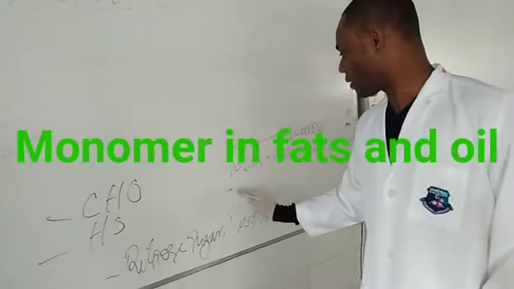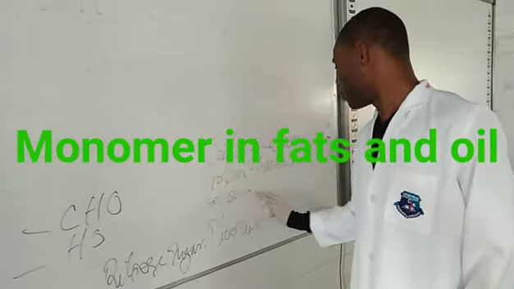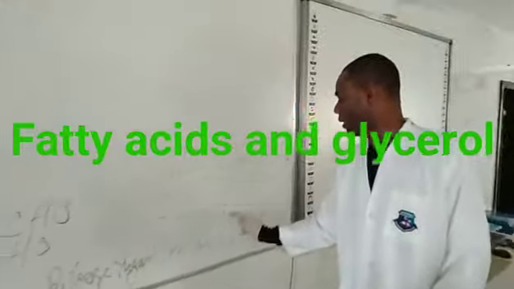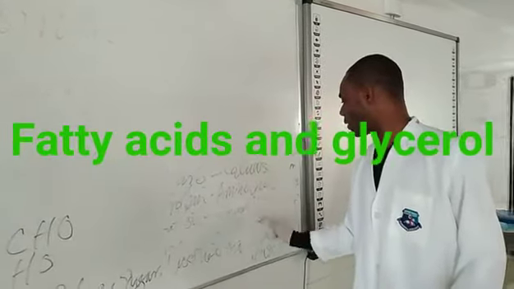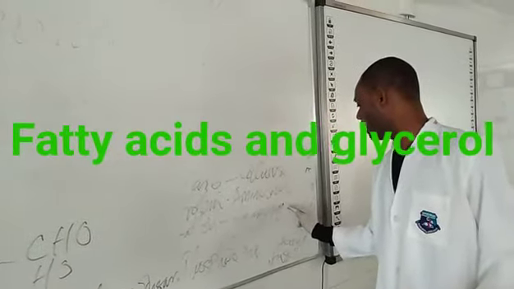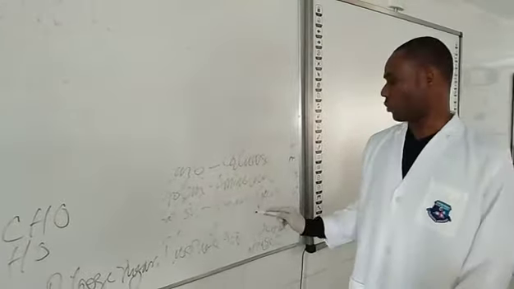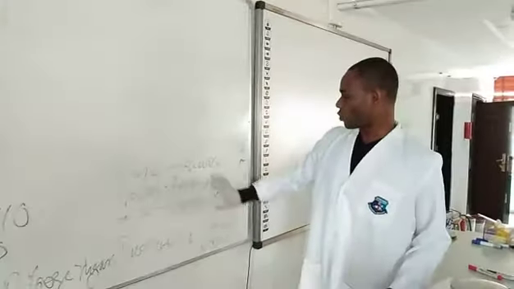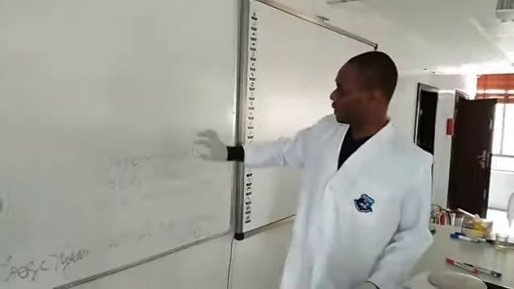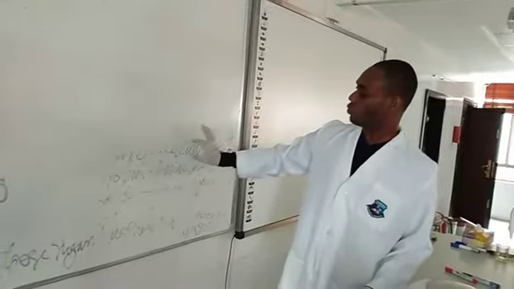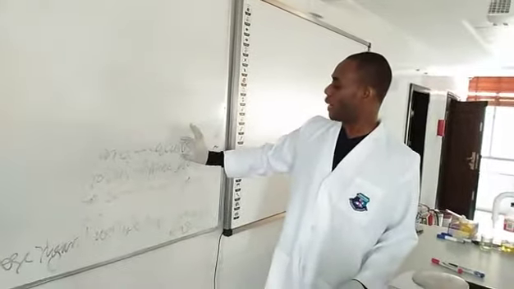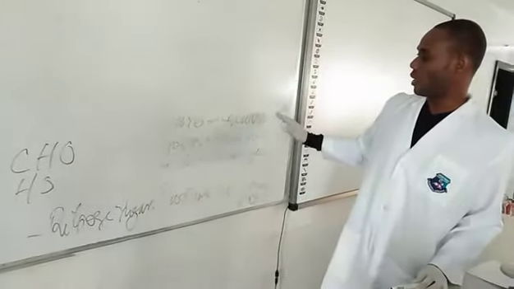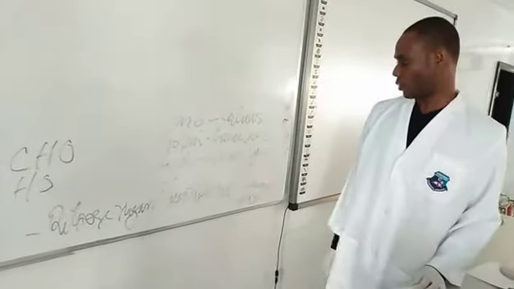The monomer for fat and oil is fatty acid and glycerol. And then, of course, water is in a very simple form. So when we talk of monomers, these are the smallest units that will combine to give you these ones. Several units of these will combine to give you these ones.